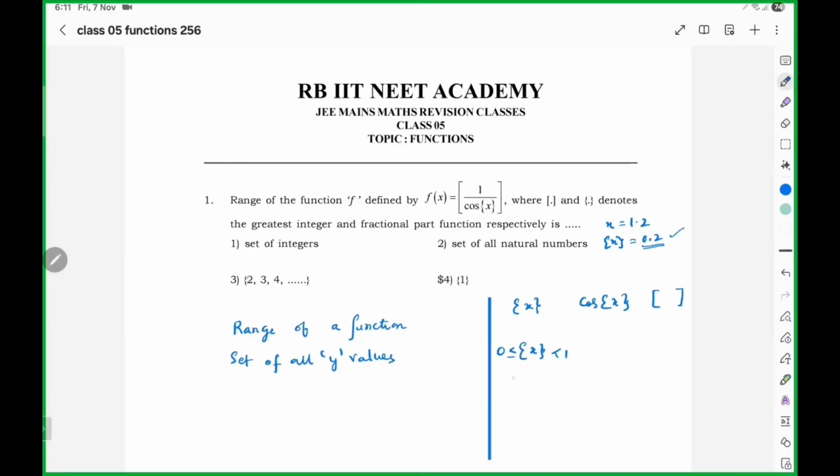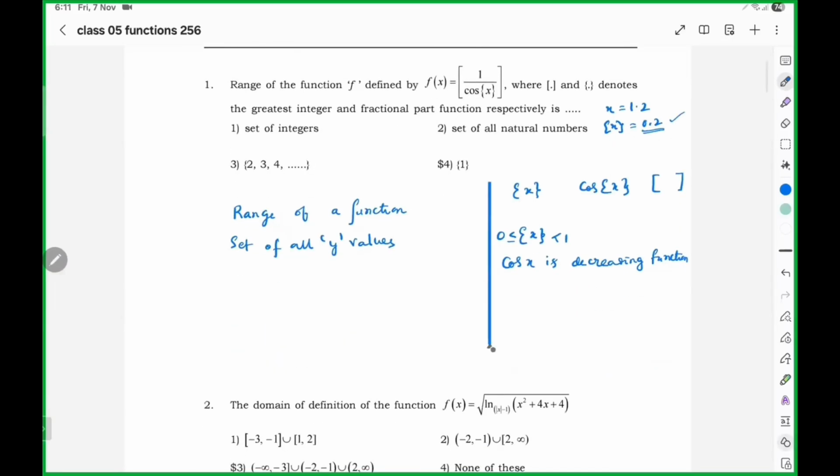And regarding the cos function, it is a decreasing function. So graphically, what we write is, here it is when x lies between 0 and 1. Let me write here pi by 2, and the cos graph: cos 0 is 1, cos 90 is 0.